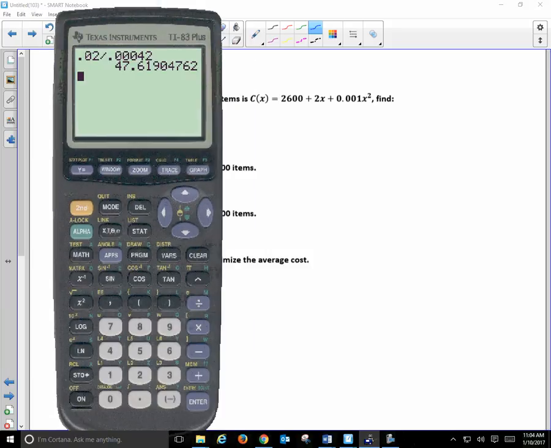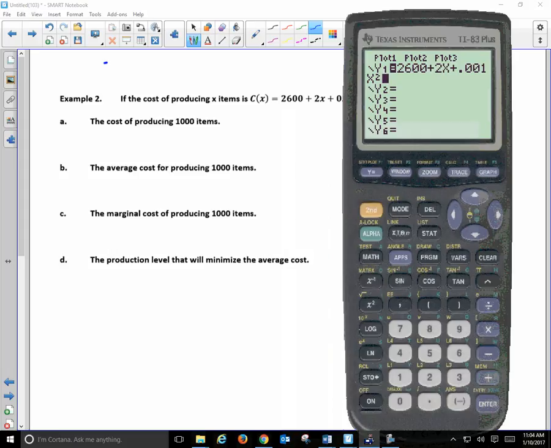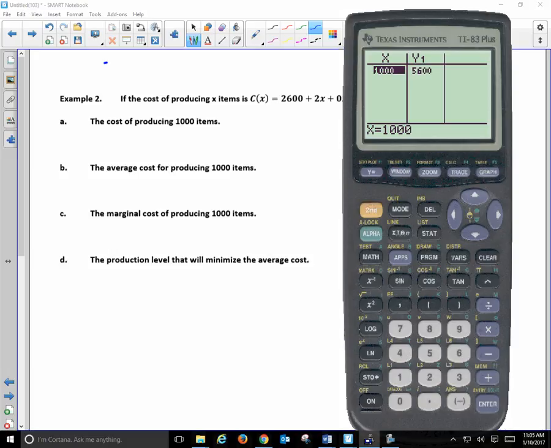I'm going to type in my cost function, Y equals 2,600 plus 2X plus 0.001X squared. Go to my table and type in, and I get 5,600. So the cost of producing 1,000 items is $5,600.